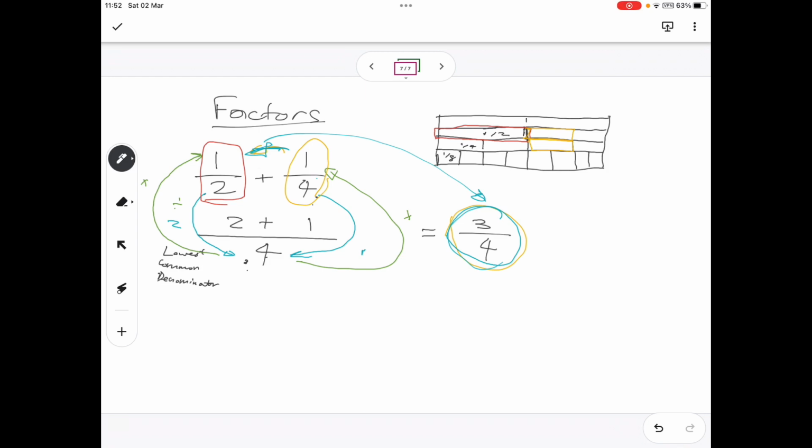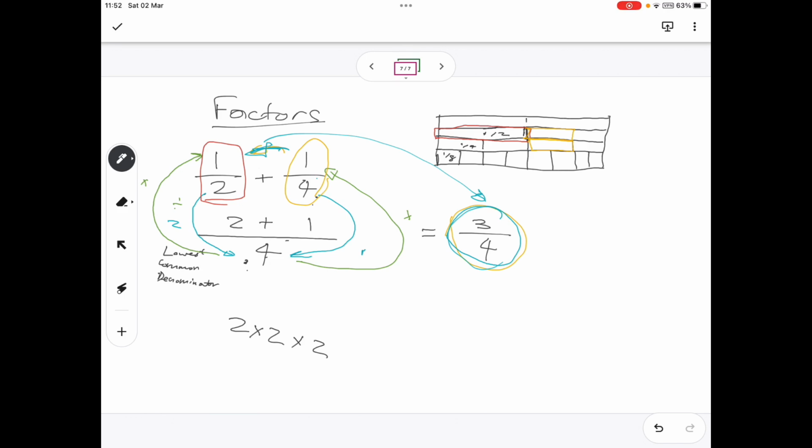Now what that lowest common denominator actually is, you could think of it as a factor in and of itself, and 2 is also a factor of 4, because if you multiply 2 by a factor of 2, you get 4. You follow? Yes.